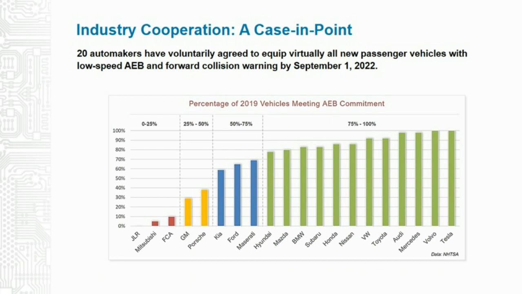Let's take a look at a case in point on industry cooperation. And the takeaway that I want out of this is between the United States and Europe, there are two different ways of approaching regulation. In Europe, regulations are still being written that kind of mandate industry cooperation on the specific technology involved. The United States, and particularly the current administration, has stepped away from mandating things to private industry.